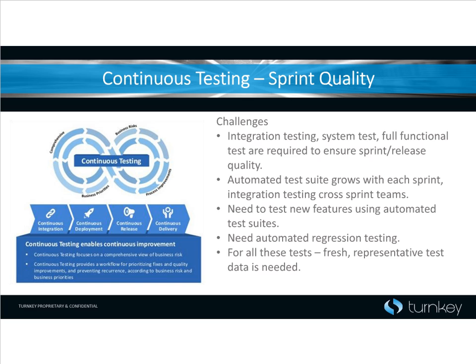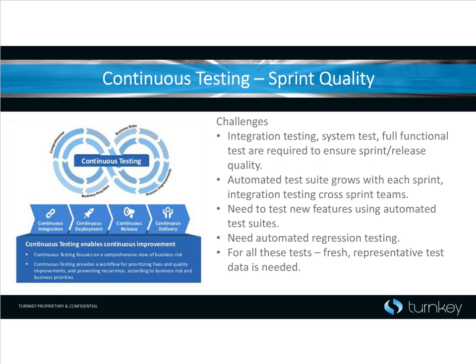The second distinct phase is the continuous testing phase. Sprint quality is my term for that. And the challenges there are somewhat different. Integration testing, system tests, you have to do a full functional test at this stage. And these are all required if you want to ensure that the sprint release has sufficient quality.